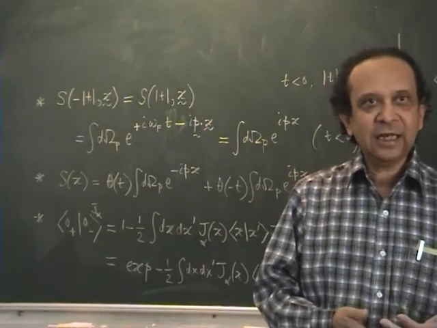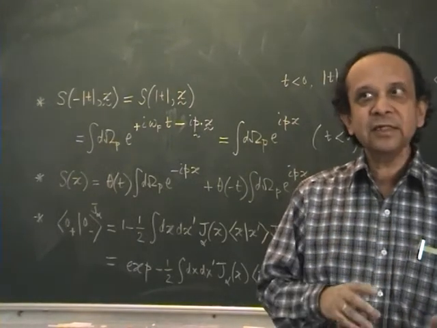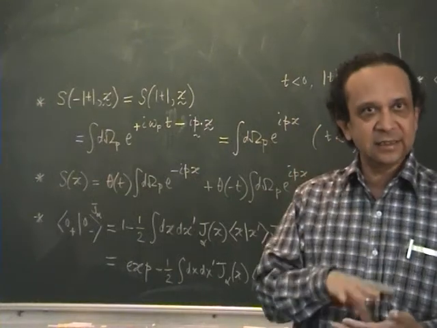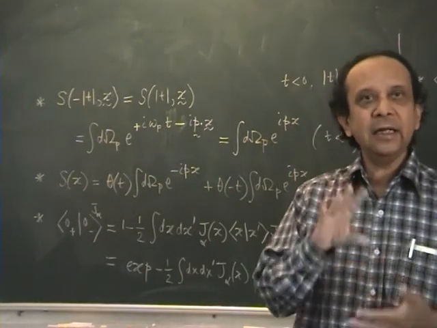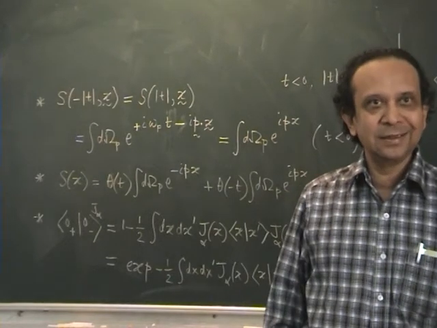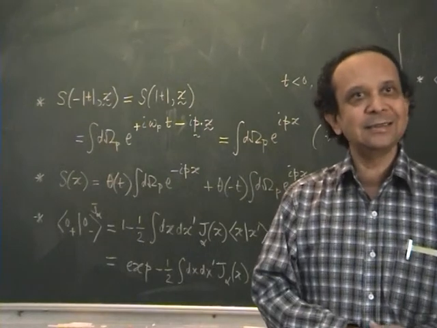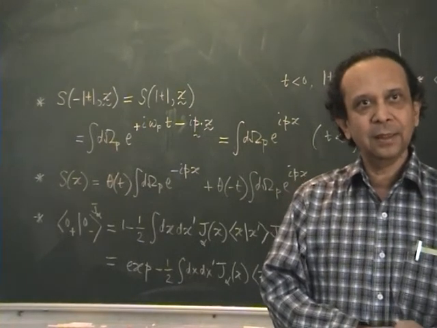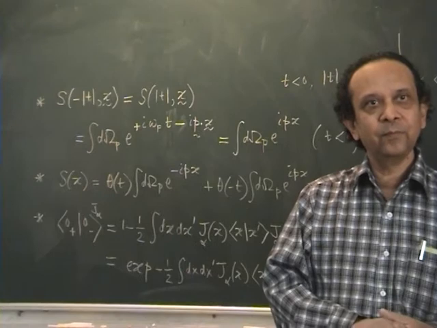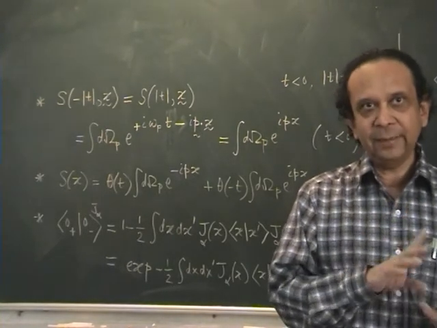Now a function j of x could have been thought of as the sum of two functions, both having support in some finite domains in space-time, one completely to the causal future of the other. I would have still called it one source. But somebody else will say one of them is acting as a source and the other is acting as a sink. Yeah. So actually we should have put some theta functions in front of the... No, I don't want to do that. That is the whole point.